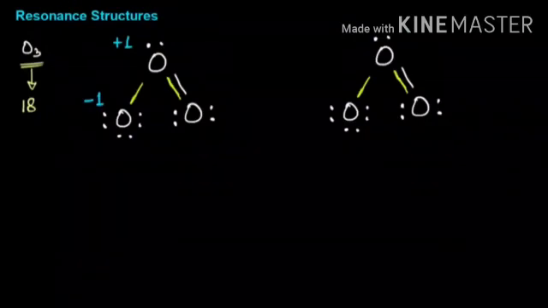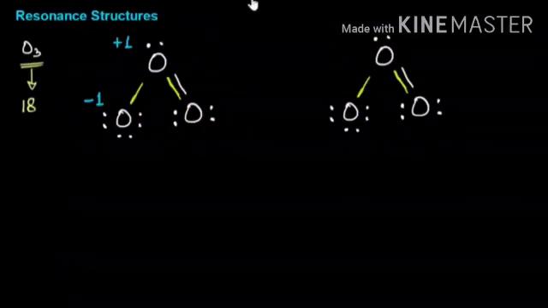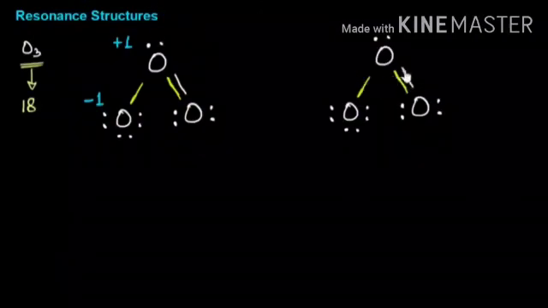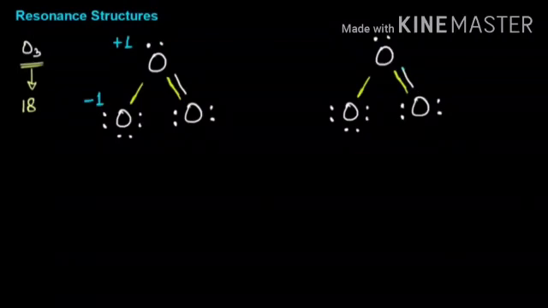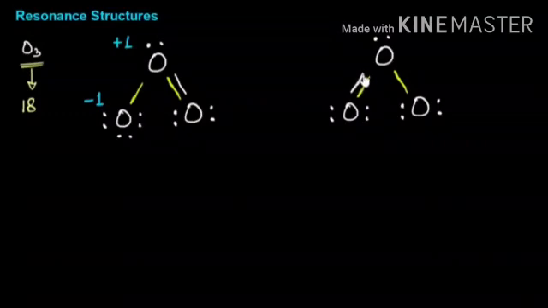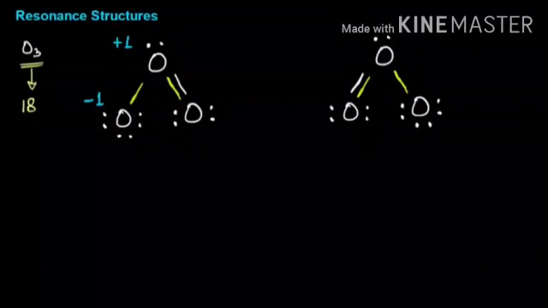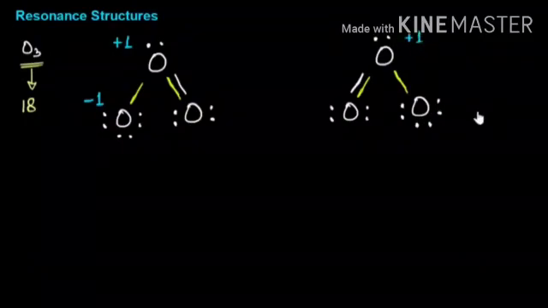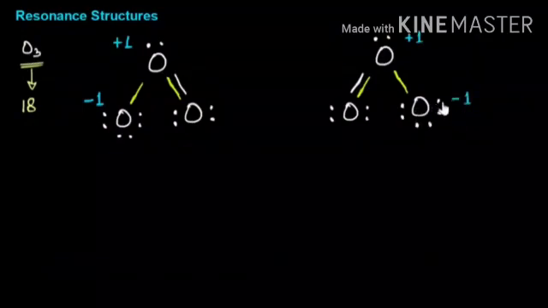Here two possibilities are there: the negative charge may be acquired by the other oxygen, because these 2 oxygens are similar in nature, so that the double bond may be present with the other oxygen, or the negative charge may be present on the other oxygen.